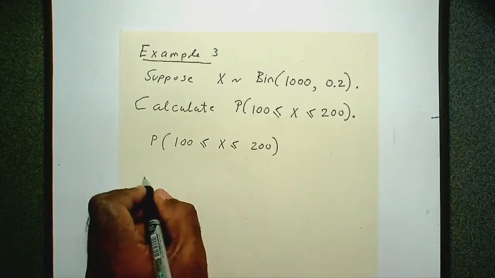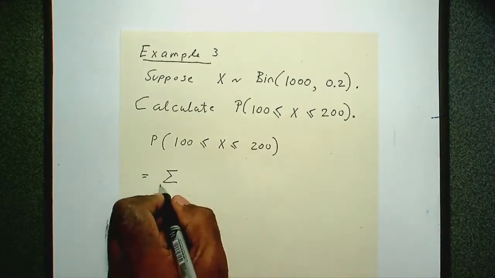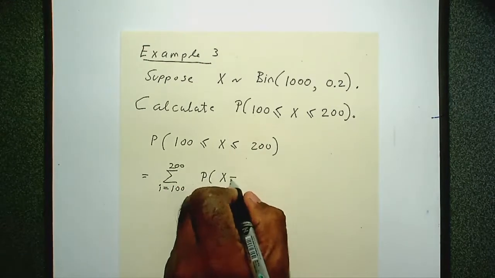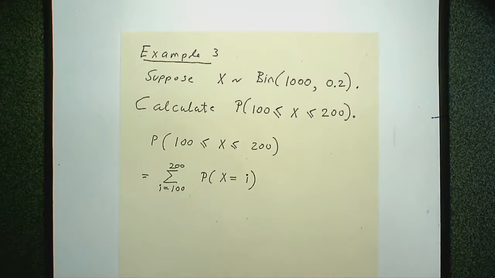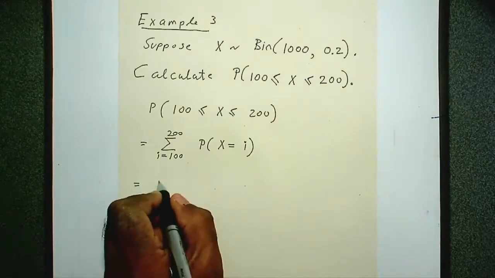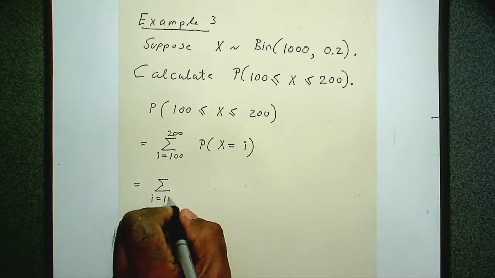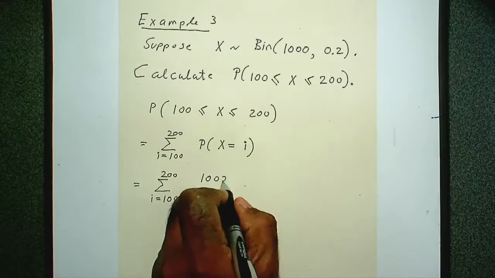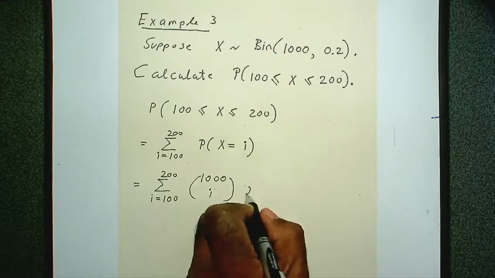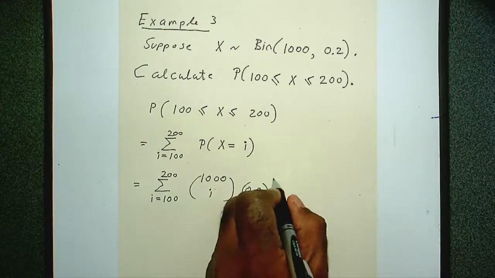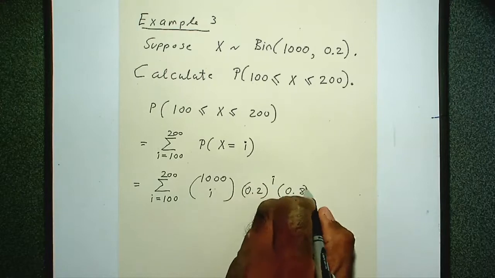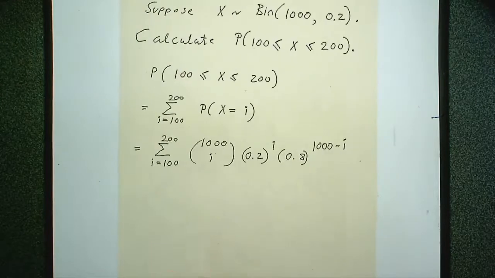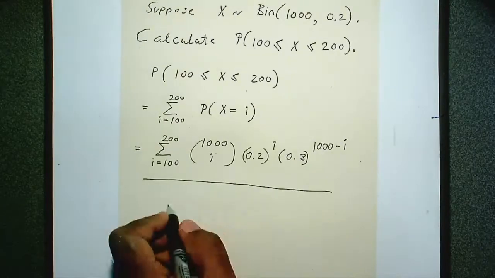You can write this probability as the sum from i equals 100 to 200 of the probability that x equals i. This is going to be 1000 choose i, 0.2 to the power i, 0.8 to the power 1000 minus i.